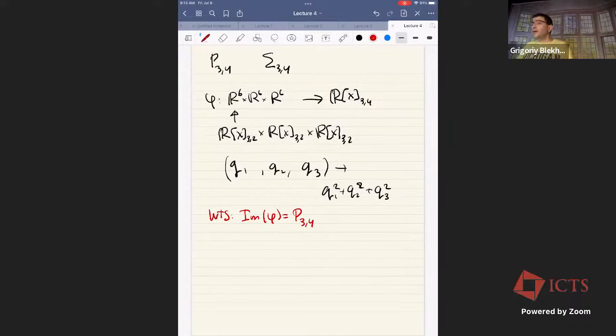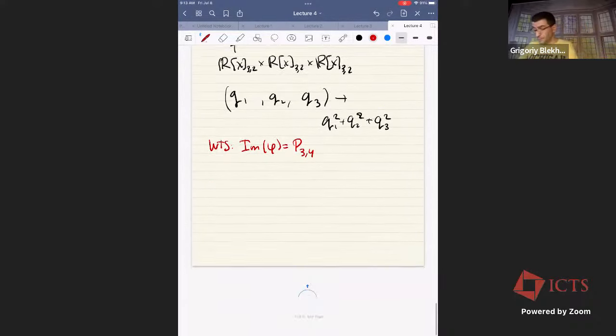Okay, so now I'm going to be a little bit imprecise in how I do things, but all of these things can be straightened out. The idea is, let's imagine that my image is not P34. Then there must be a point that is kind of on the boundary of the image.